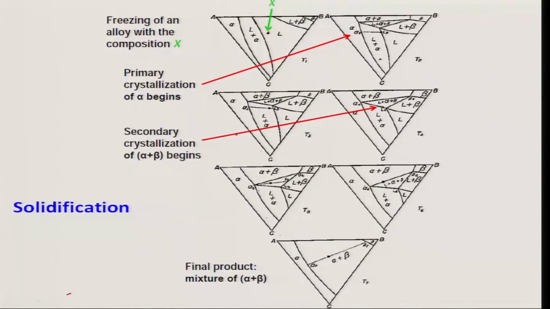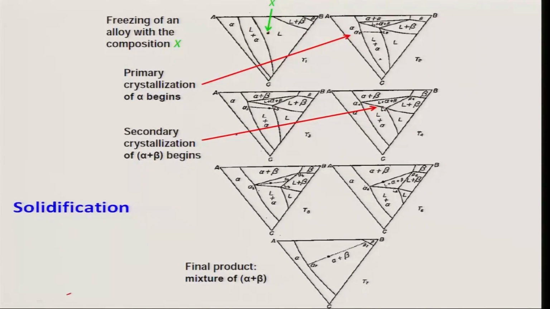Well, initially the alloy is sitting in the liquid, fully liquid. As it solidifies, as you go to the next temperature, T1 and T2, you see it is in between liquid plus alpha. So, alpha will form because it is close to alpha. The way we do it is whatever is the closest solid phase field, we connect a triangle. Again this is the tie line. At T3 more alpha will form.